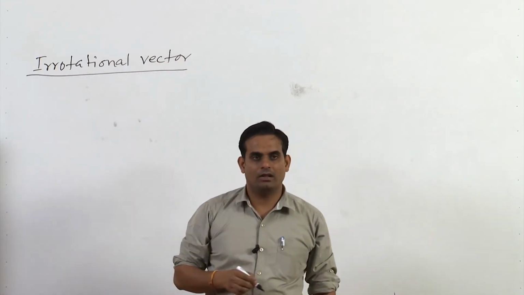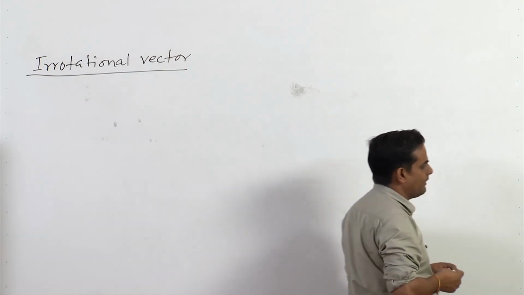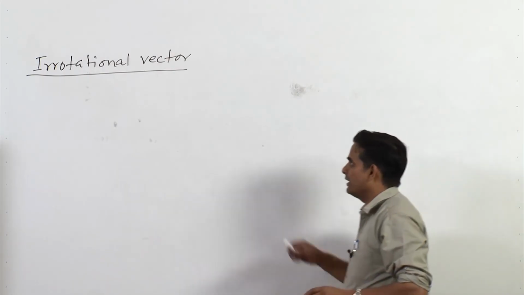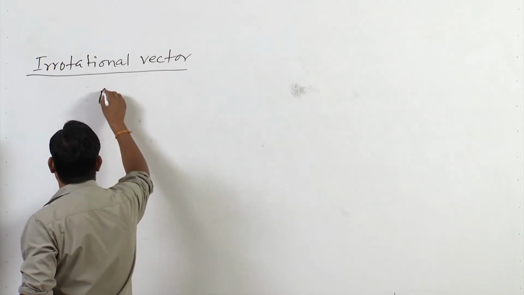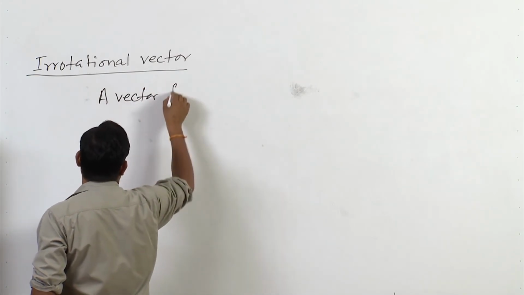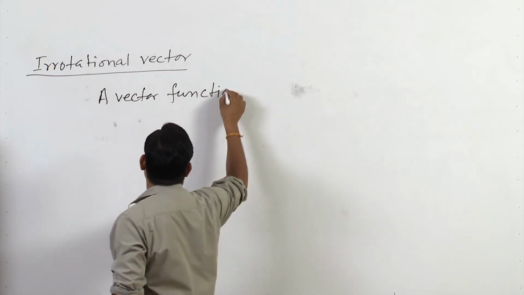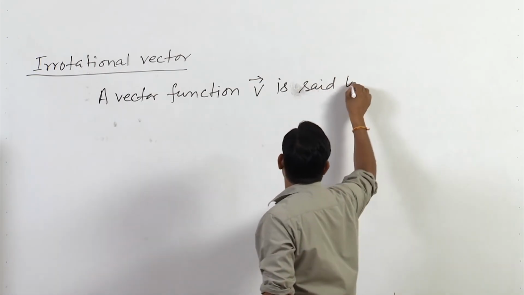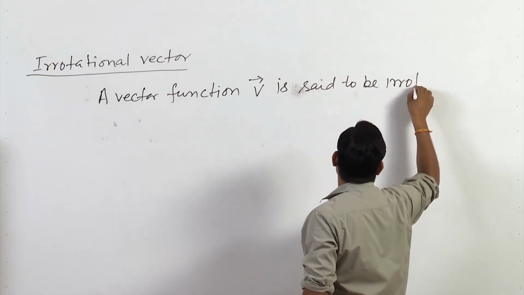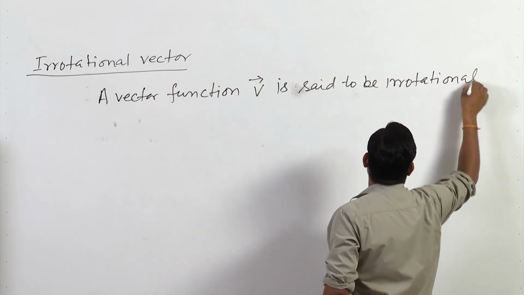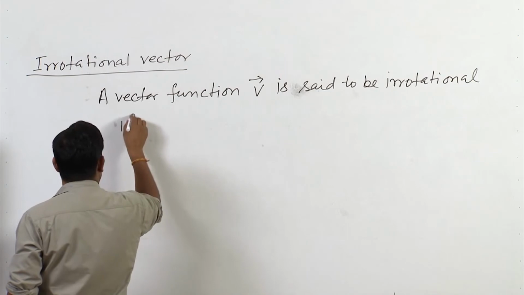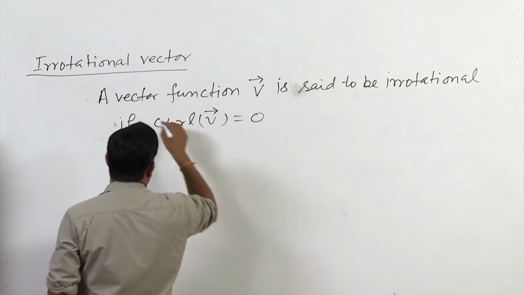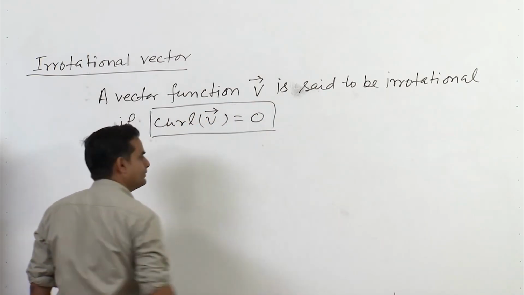My next definition is irrotational vector. Basically, the curl of a vector represents its vorticity. So, from there I can define the irrotational vector. A vector function V is said to be irrotational if its curl is 0.